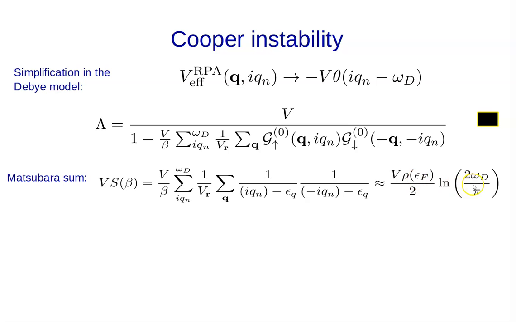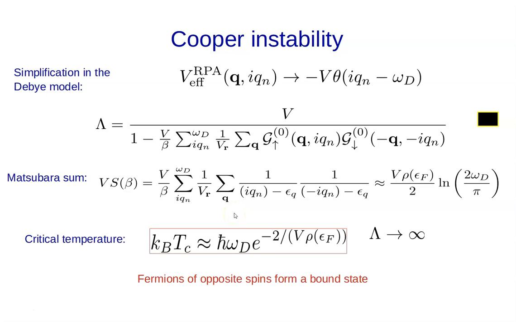All right. So we saw that this factor here will acquire this form, and there's definitely a temperature where this can diverge. This is the critical temperature, and it is related to the Debye frequency. And as I mentioned, the larger the Debye frequency, the better.